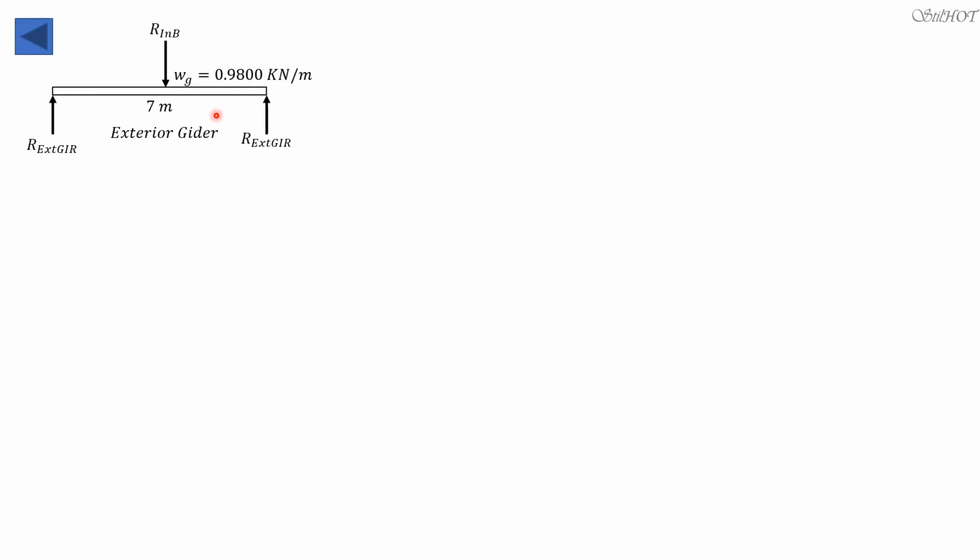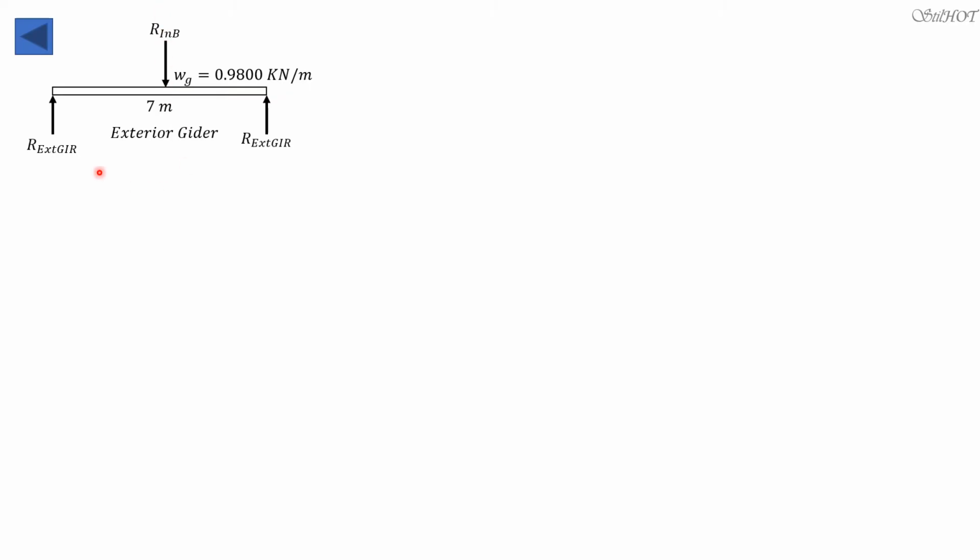So if we consider the exterior girder, as mentioned earlier, the loading of the exterior girder would be the weight of the girder itself plus the reaction at the interior beam. So we call that R interior beam.